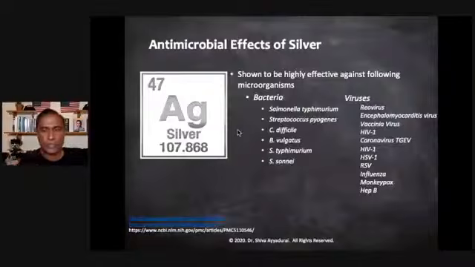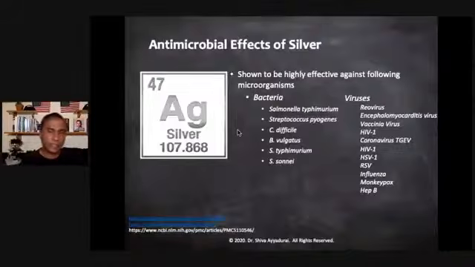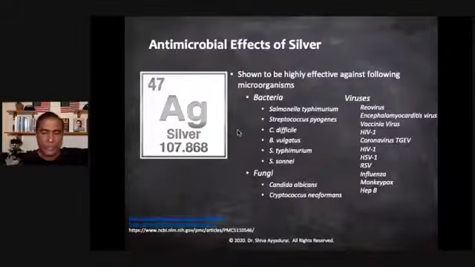But it has also been shown to be effective, again at the right low dosage, against retrovirus, encephalomyocarditis virus, vaccinia virus, HIV-1, coronavirus, TGEV, HSV-1, RSV, influenza, monkeypox, and hepatitis B, okay? It's also been shown to be effective against certain types of fungi, Candida, Cryptococcus neoformans. So this is from the literature. That's important to understand, that there's a body of literature which shows that it has antimicrobial effects.